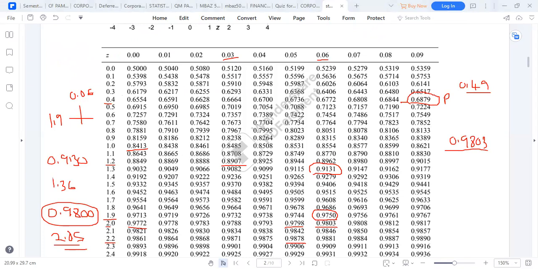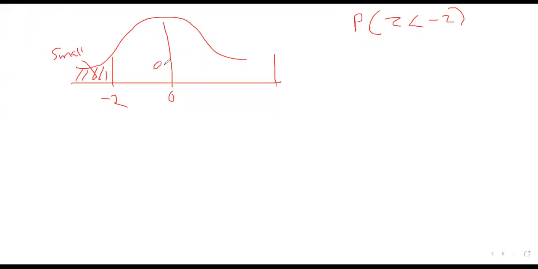It simply means that from here to here is 0.9772, 97%. It can't be that from here to here is 97%, it's not true. The 97% should be here. Since we said it's symmetrical, whether I'm starting from here or from here, the areas are the same. That's why we need to know the properties. So I'm going to subtract 1 minus 0.9772.